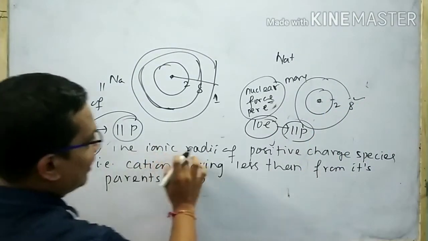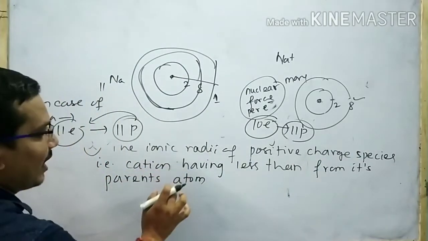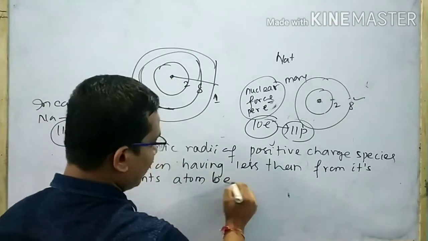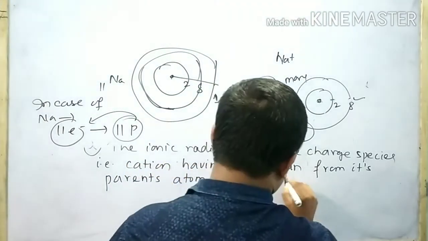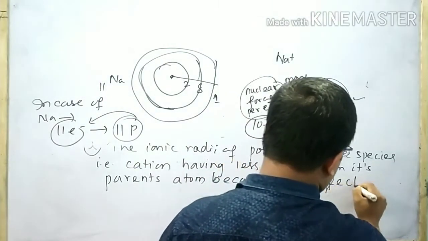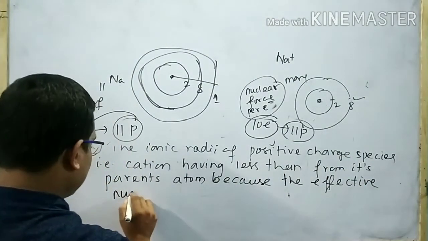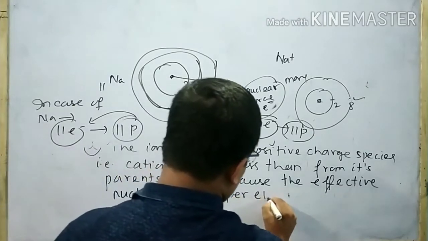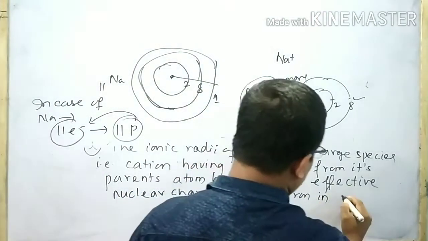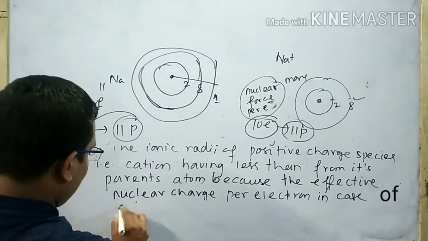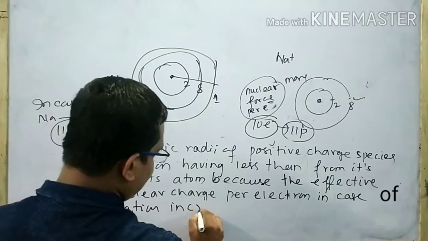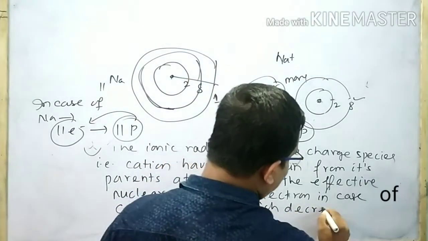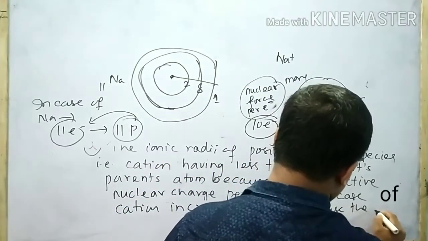So we can write that the ionic radii of positive charge species, that is the cation, is less than that of its parent atom, because the effective nuclear charge for electron in the case of a cation increases, which decreases the radii.